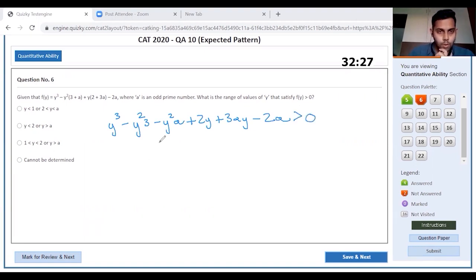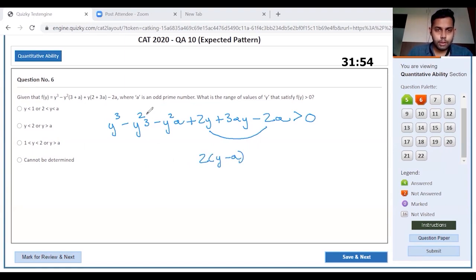Now, what is common in all these things? So a and y, if I merge these two, so what do I get? 2y minus a.